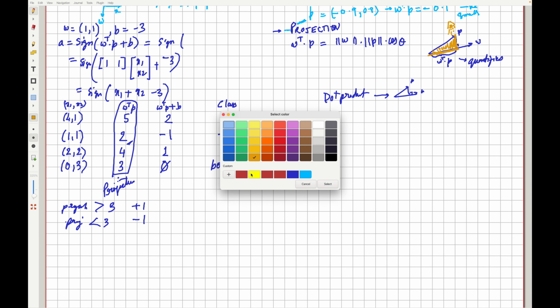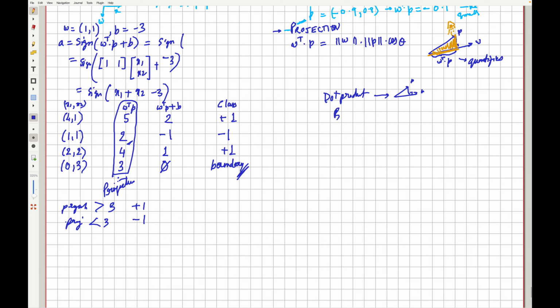The next point is bias, and as we talked about, bias simply helps us move the decision boundary. It shifts the decision threshold and finds the best place where it can separate the classes.